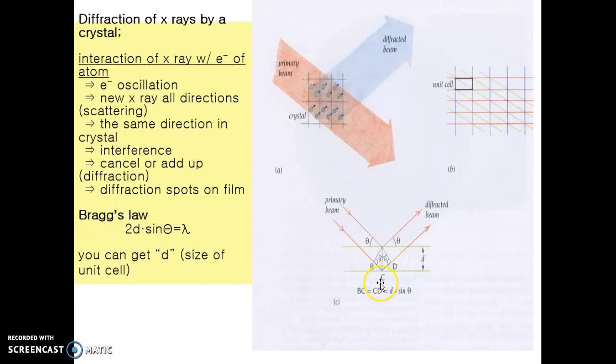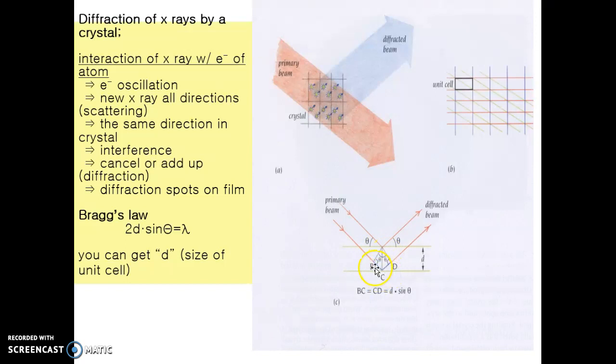How can we calculate the distance of B, C, D? By the geometry of this relationship, that could be simply d, the distance of 2 lines, times sine theta. You can figure it out easily.